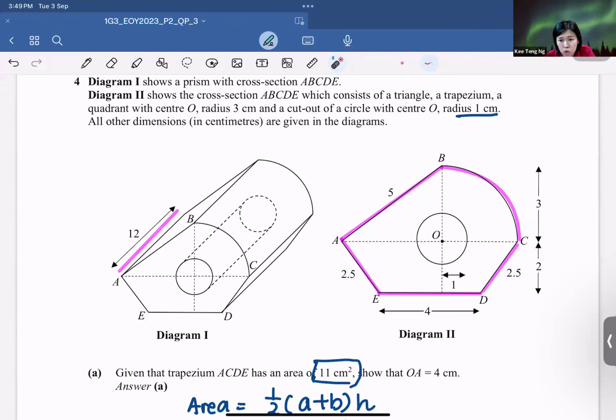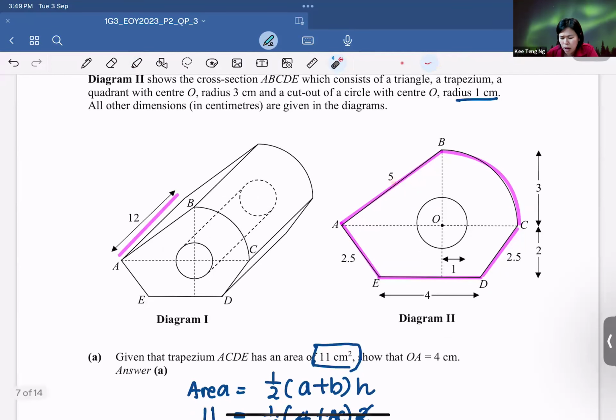So you notice all the different sides, every one of them need to multiply by a 12. Okay, so what I can do is I will add up the perimeter. I'll add up all the different sides first, and then multiply it by 12. But something about the perimeter: the picture itself has one more portion that has an area.